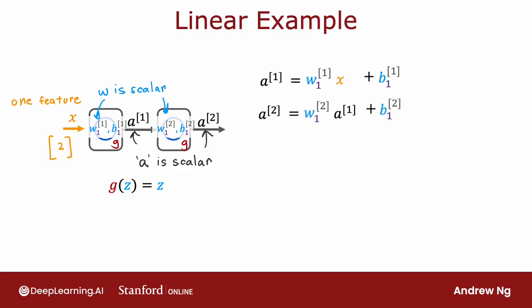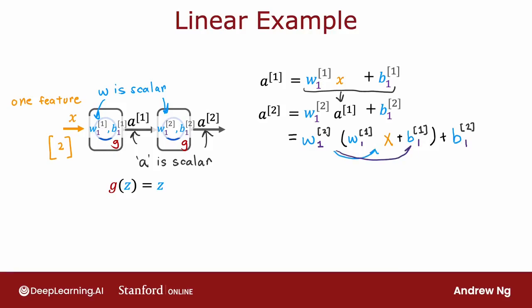Then a2 is equal to w2 times a1 plus b2, because g of z equals z. And let me take this expression for a1 and substitute it in there. So that becomes w2 times (w1 x plus b1) plus b2. And if we simplify, this becomes w2 w1 times x plus w2 b1 plus b2.